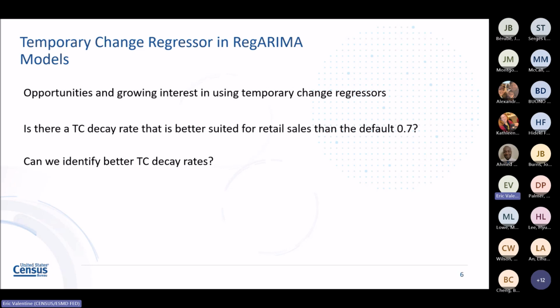So I decided to investigate how TCs can be best used in ARIMA models for retail series. The questions I tried to answer are, is there a TC decay rate that is better suited for retail sales other than the default of 0.7? And can we identify better TC decay rates?